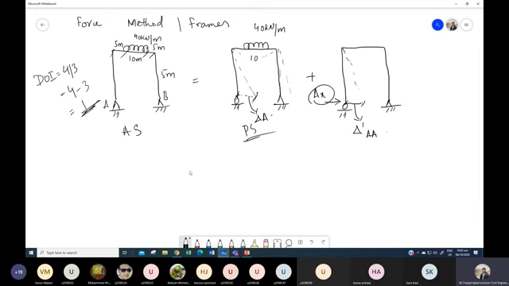So, what will be the compatibility equation for this frame? Daniel, what will be the compatibility equation?